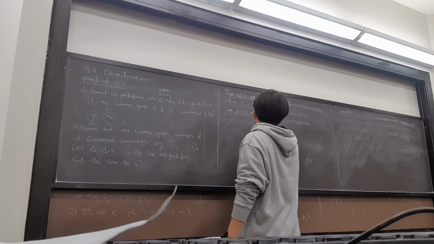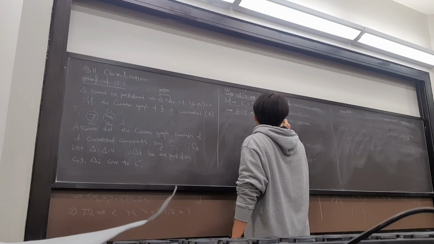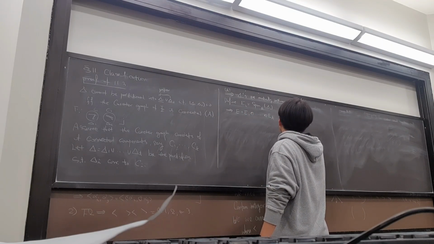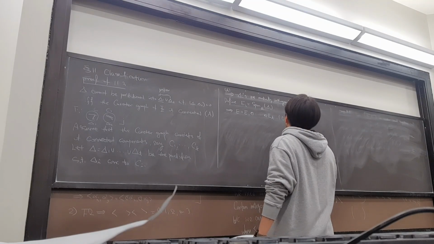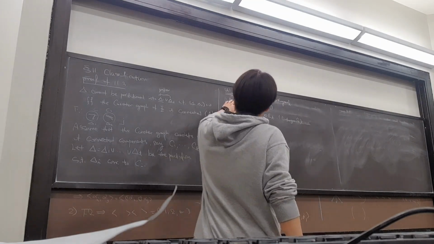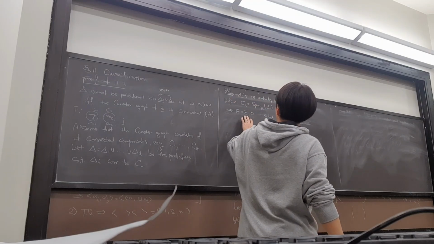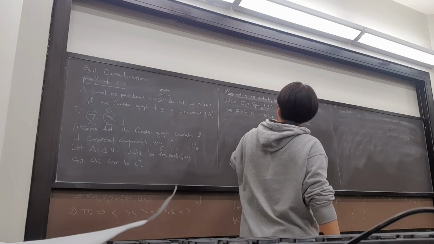Because the delta i's are mutually orthogonal, so they're mutually orthogonal.